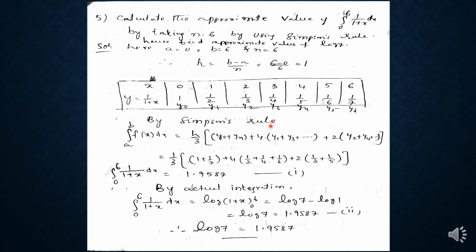Now by using Simpson's rule, we can find the value of the integral from 0 to 6 of 1 by 1 plus x dx. So at first we should write what is Simpson's rule. That is the integral from a to b of f of x dx is equal to h by 3 into the first ordinate plus the last ordinate plus 4 into the sum of the odd ordinates, y1 plus y3 plus y5 and so on, plus 2 into y2 plus y4 and so on, that is the sum of the even ordinates.